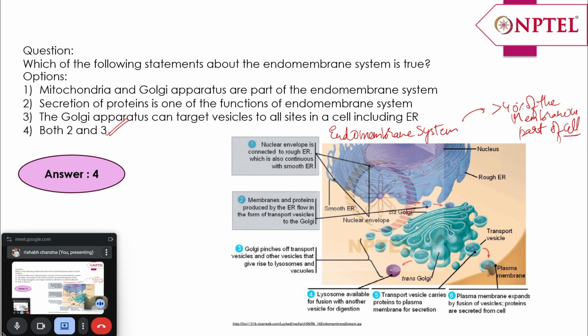It starts with the endoplasmic reticulum that is connected to the nuclear envelope. The endomembrane system starts with the endoplasmic reticulum where the protein synthesis occurs.